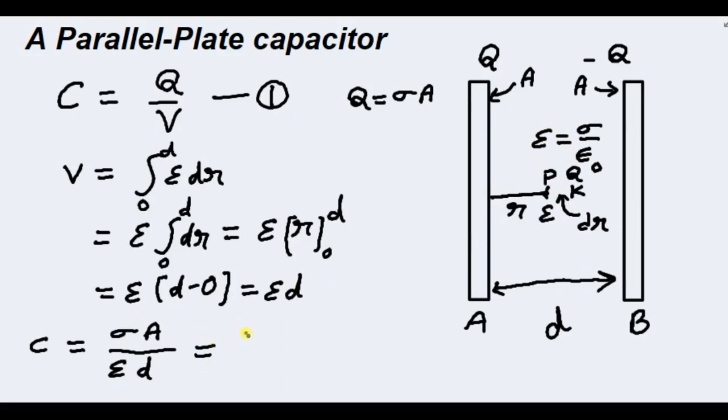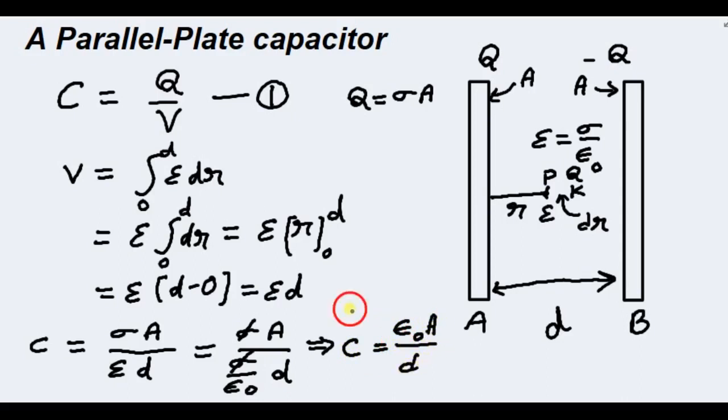You get sigma A upon sigma upon epsilon naught into D. Sigma gets cancelled and we get C is equal to epsilon naught A upon D. This is the expression for capacitance of a parallel plate capacitor.